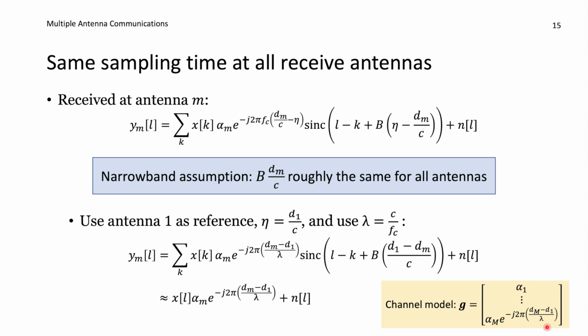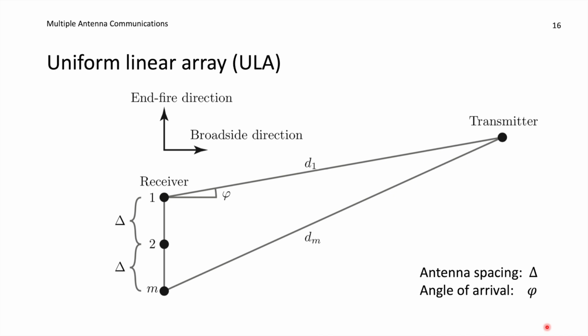We can simplify this channel model even further by considering a standard form of array, a uniform linear array. These are antennas, M of them, that are located along a line, having the same spacing, delta, between them. And for this array, we can define at the first reference antenna here an angle, phi, which is defining sort of the directivity of the array in general.